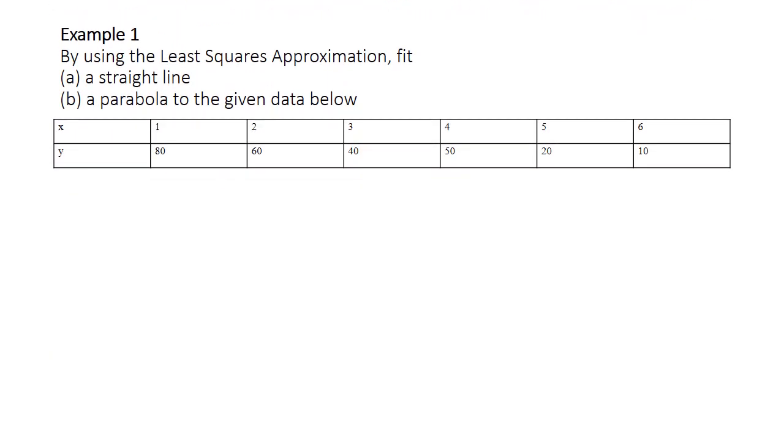Example 1. By using the least square approximation method, fit a straight line and a parabola to the given data. We have x: 1, 2, 3 up to 6, with associated values of y: 80, 60, 40, 50, 20.